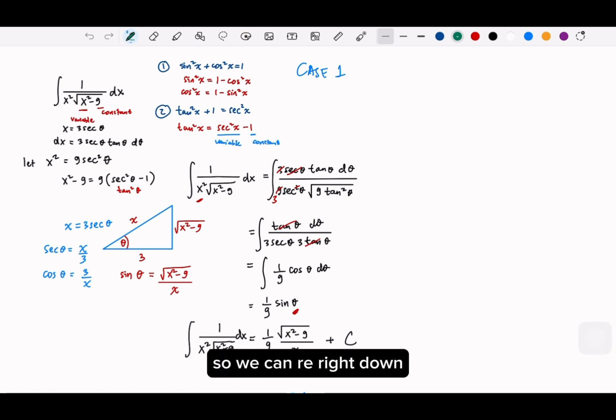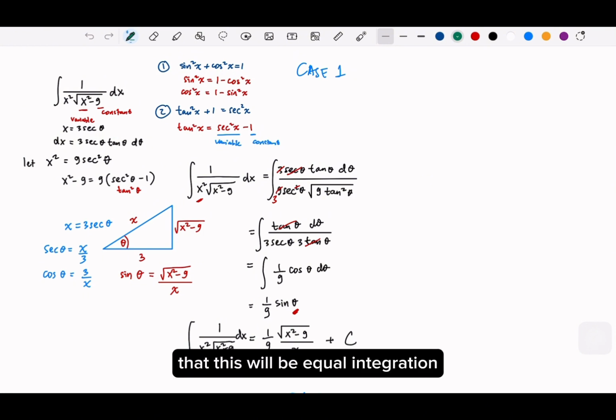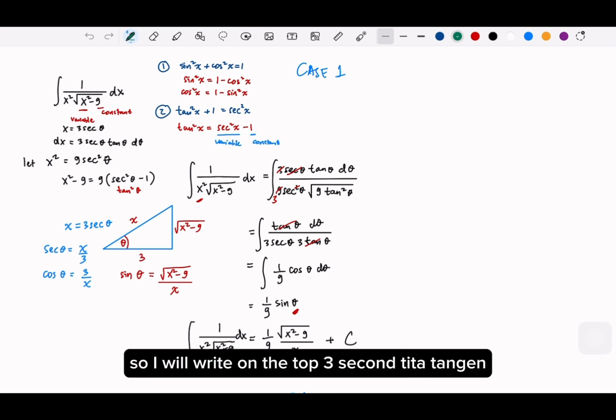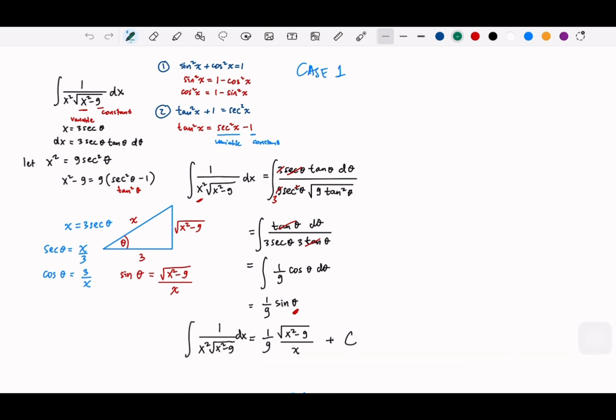So we can write that this will be equal to the integration, with dx replaced, so on the top 3 secant theta tangent theta d theta, over x squared, which will be 9 secant squared theta, times the root of 9 secant squared theta minus 9.